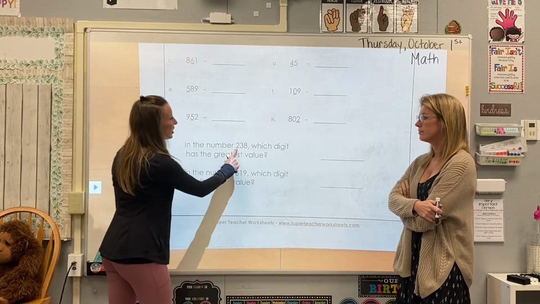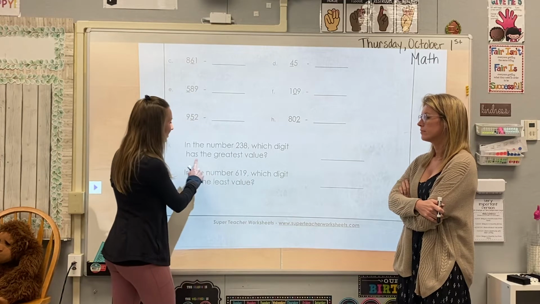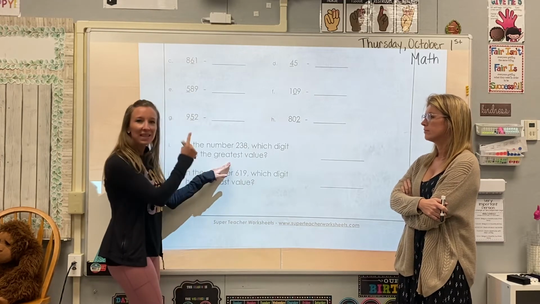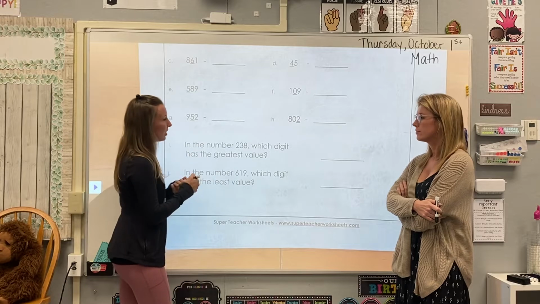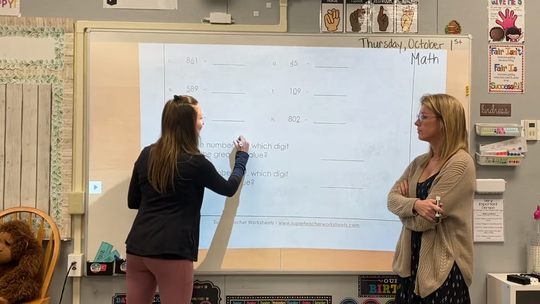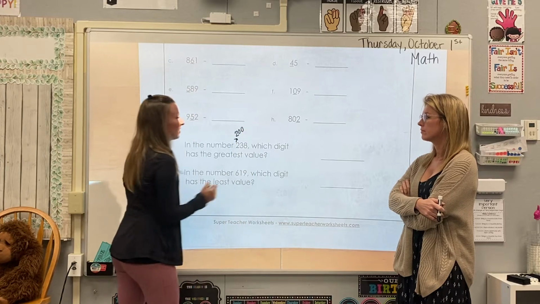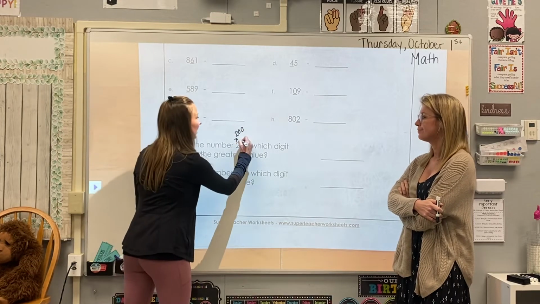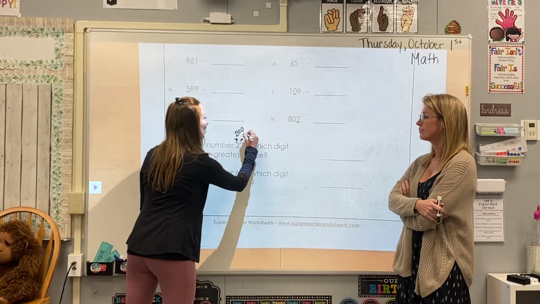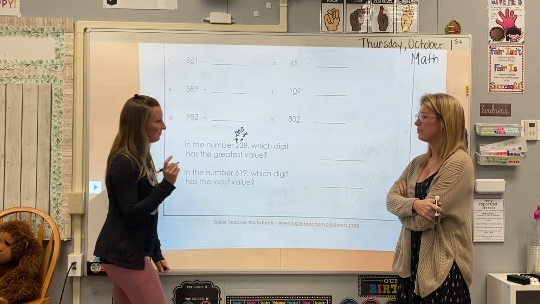They want to know which of these 3 numbers has the greatest value based on where it is in the number. So for example, that 2 is actually worth 200, isn't it? Yep. The 3 is actually worth 30. Wow.